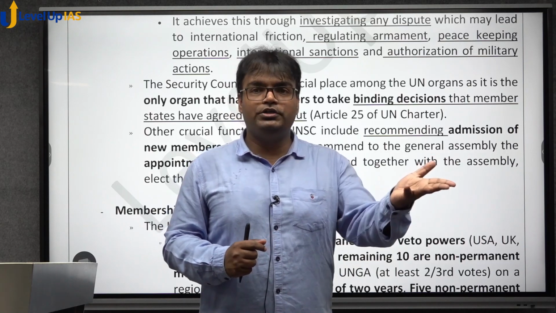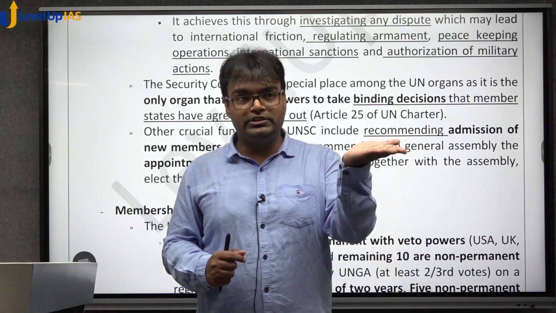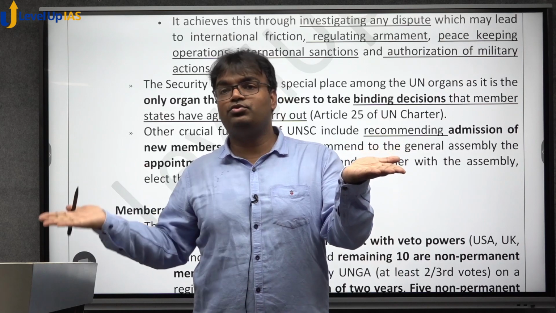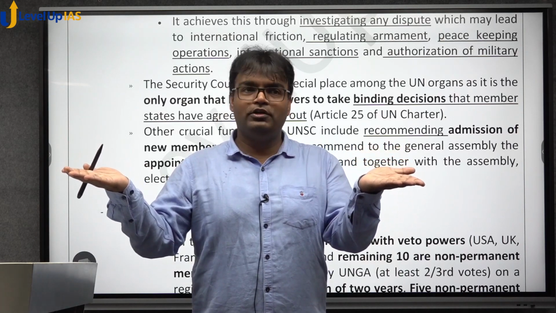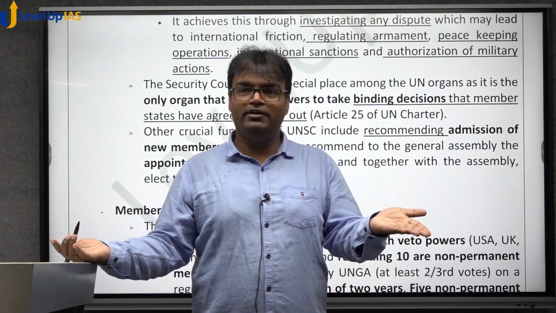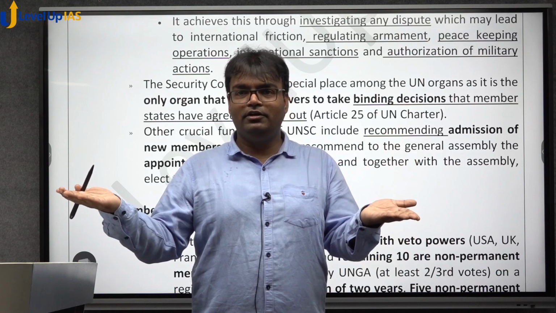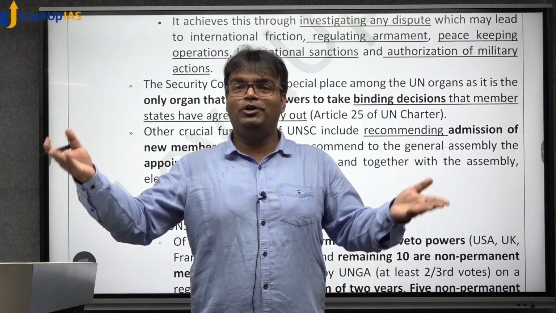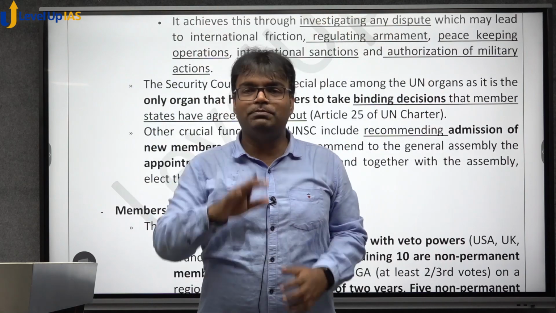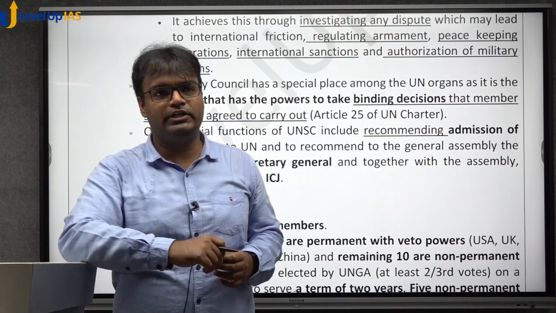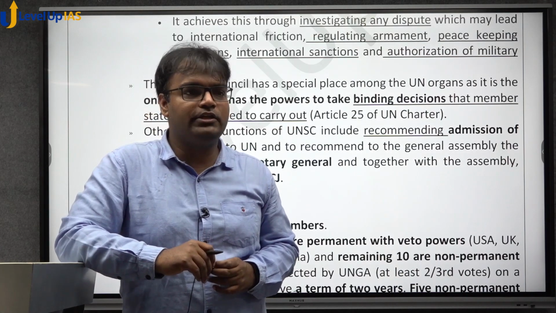If a judge has to be appointed there, the judge has to get support from the United Nations General Assembly, and the judge has to get support from UNSC also. What if the judge is able to get support from one and not from the other? Not appointed, but then voting in both the bodies happens again. Something like this happened in 2017. There was a judge from India and there was a judge from the UK, United Kingdom, Britain.